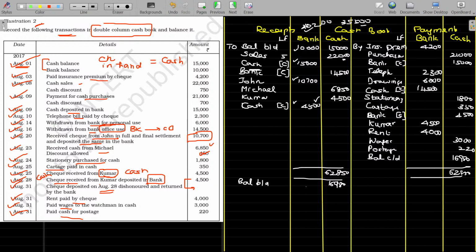What is the difference then? 4,700. So here the total being 40,200, the debit side is higher, and the balancing figure being 4,700 for the bank column. I'll write here as balance brought down 4,700. Is that okay?